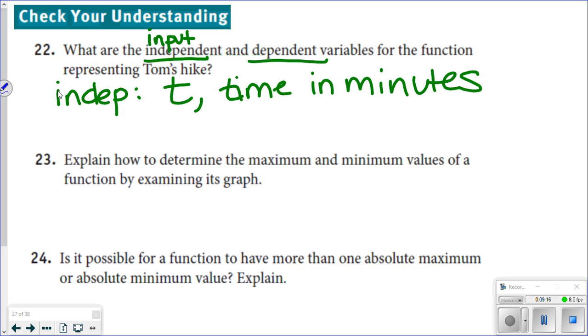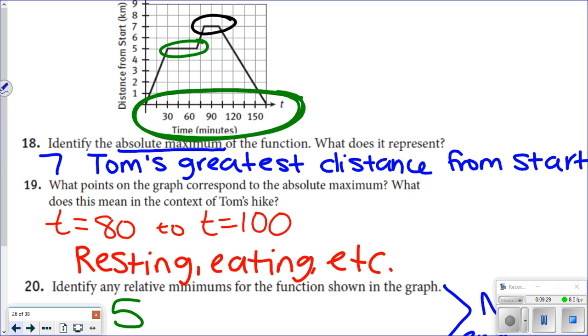Your dependent variable, remember, is your output, or your y values, or your range. Let's go back and take a look at our graph. That would be everything on this axis right here.